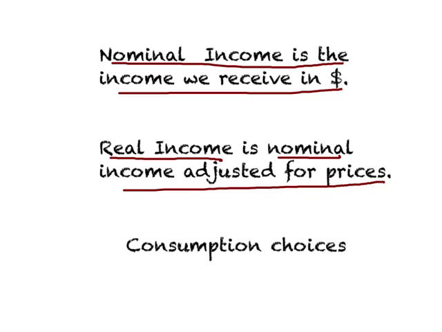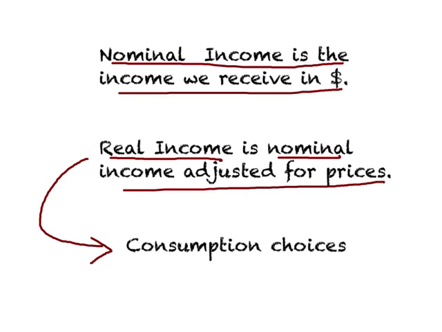So in a way, what real income reflects are the consumption choices available to a person. The higher the real income, the more consumption choices you have. Lower real income implies fewer consumption choices, and higher real income implies more consumption choices.